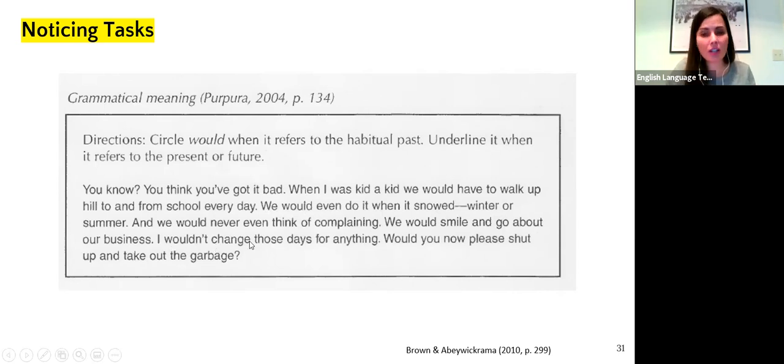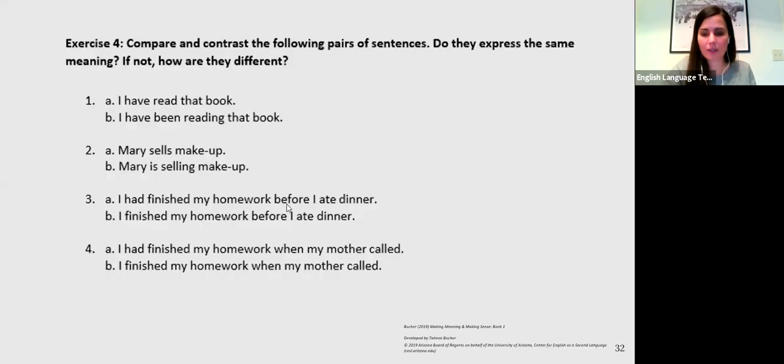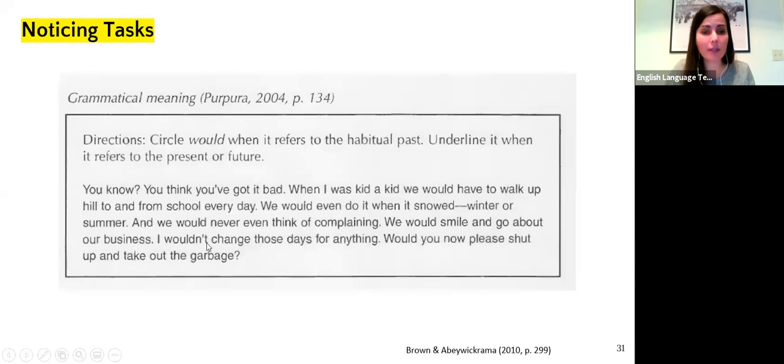Now I wouldn't change those days. This is referring to the present. So students have to notice within a bigger context when it refers to the past and when it refers to the present or the future, right? It's much easier, I feel like, for students to understand when they see things in context, as opposed to just giving them one sentence and that's it, right?